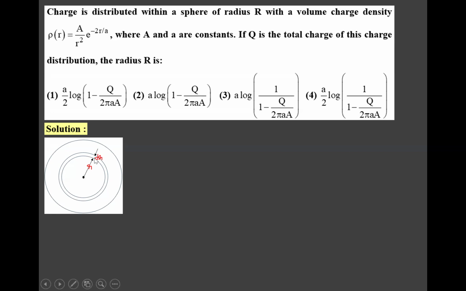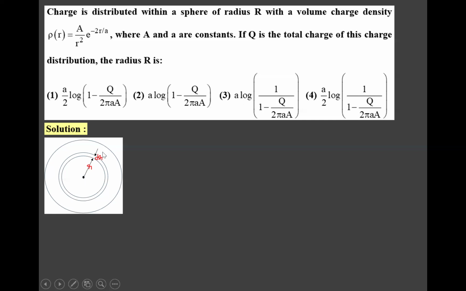So here what we have to do, we have to consider this sphere is made by so many concentric spherical shells, and for each one we have to find the charge on that particular spherical shell, and then after we have to take the summation.